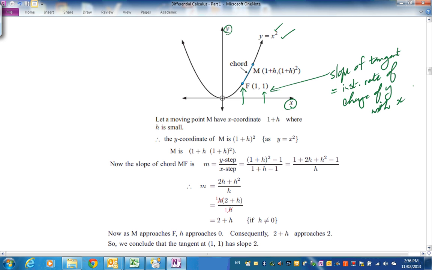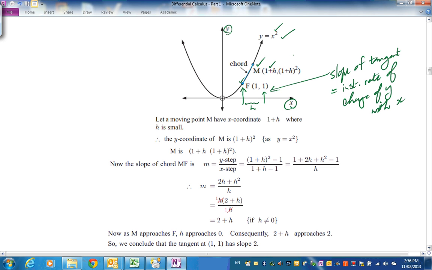Okay, that's what we're trying to do there. So he said, well, okay, let's draw in a chord. He doesn't like chords much, you know, because they're only averaging the rate of change between the points. So he said, well, let's go out a little bit from 1 to 1 plus h and draw a chord there. So m has the x value of 1 plus h. So he's gone out about h there.